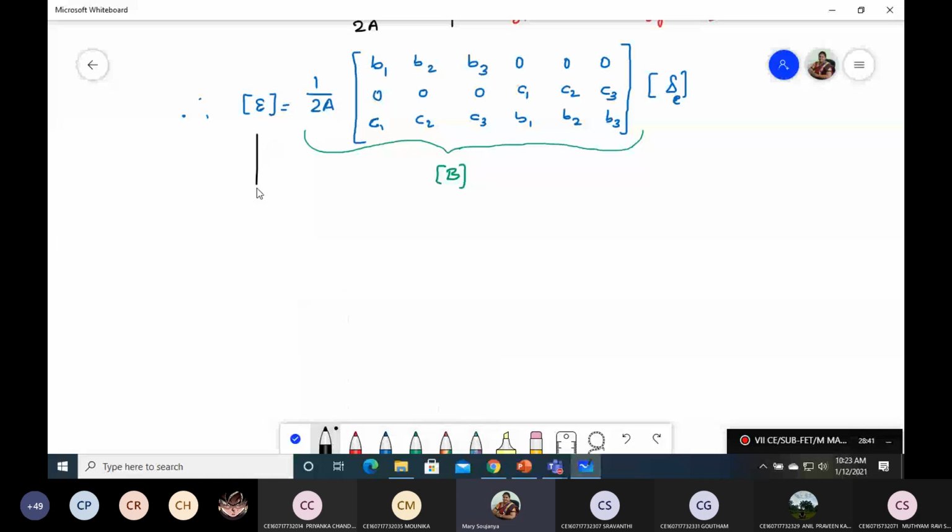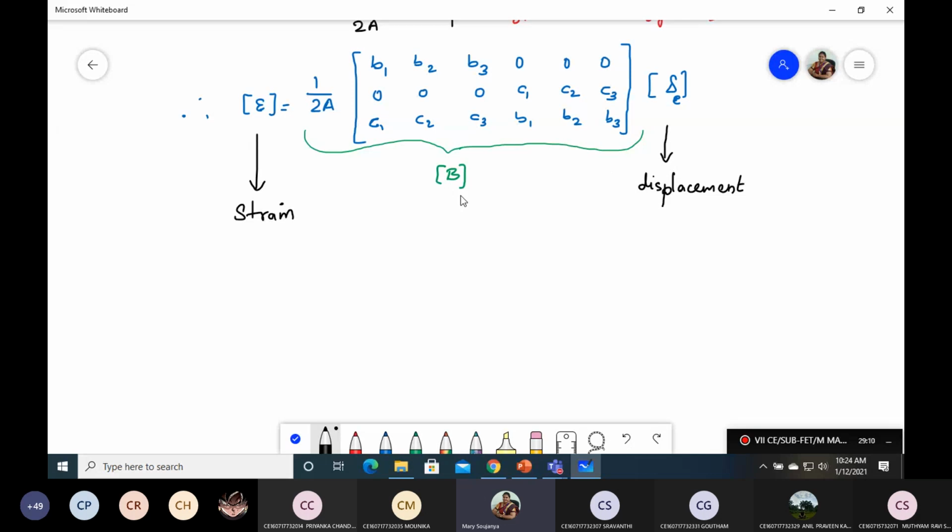It is relating the strain in the element with the elemental displacement matrix, or you can call that the nodal unknown matrix.